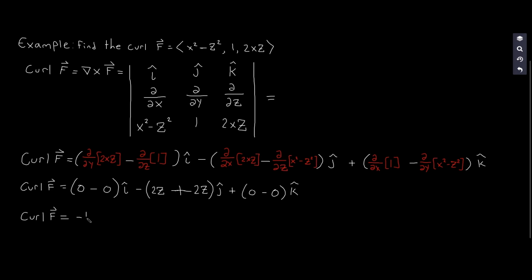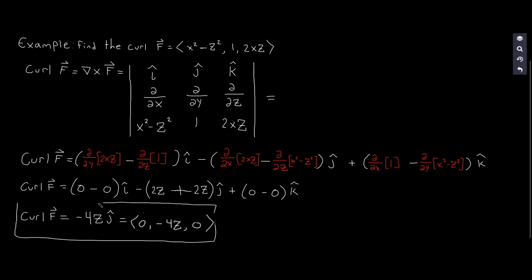That's going to be negative 4z j hat plus 0 k hat. Well, that's going to be our answer. Negative 4z j hat, and we can put this into our vector form as well. And so that's what this would look like in vector form. So this is how you would calculate the curl of vector f. You take the cross product of the gradient and vector f. And so this is our answer.